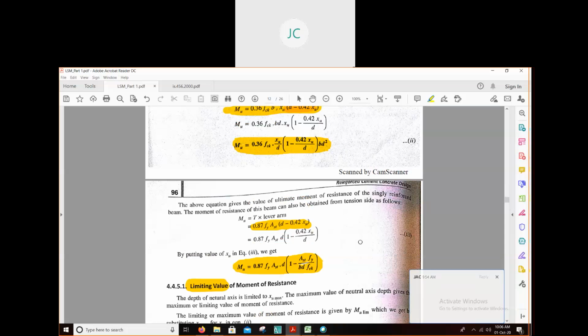Next, for underreinforced section, now you tell me, which equation you have to use? Equation 2 or equation 3, or you can use both the equations?